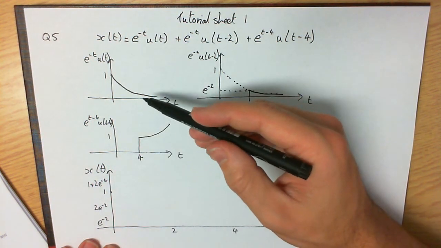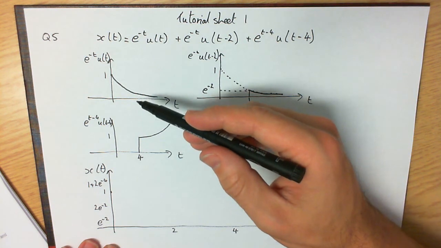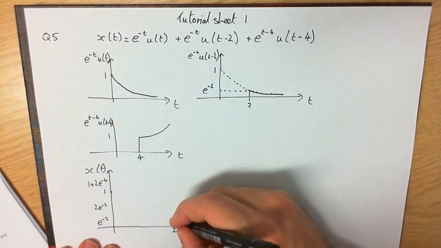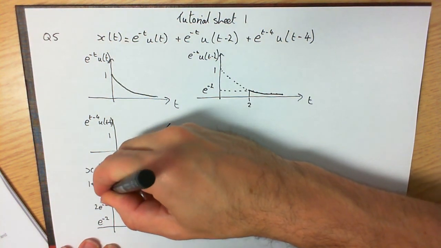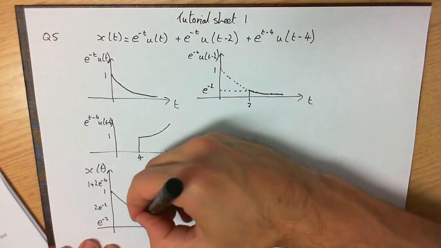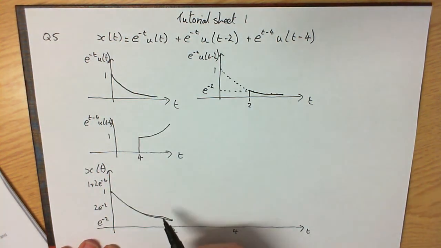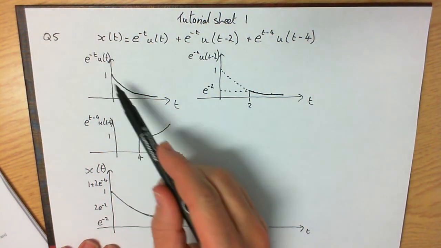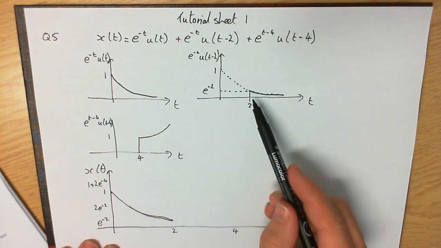So first of all, we've got our first function, which is just this one. And that is going to come down to a point of e to the minus 2. So we have 2 points, one here, one there, and we can draw our exponential, down to here. So when t is equal to 2 we have e to the minus 2, and these other 2 functions aren't having an influence at the moment.